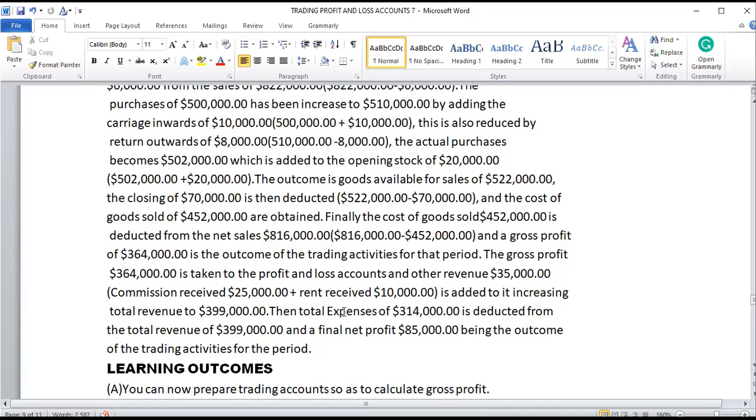It is added to increase total revenue to what? $399,000. Then the total expense of $314,000 is deducted from the total revenue of $399,000, and the final net profit is what? $85,000, being the outcome of the trading activities for the period.